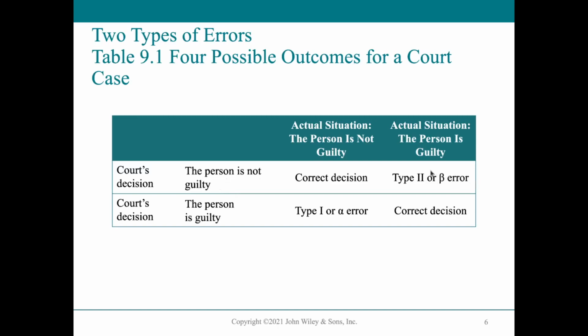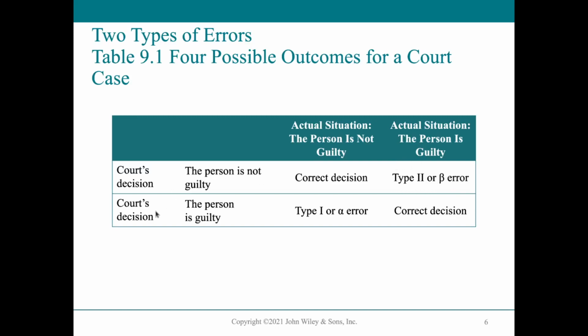However, in reality, the person is actually guilty. You just haven't found enough evidence. That is a type 2 error, or a beta error, which is a false negative. You assume that there is no significant difference, but in reality, he is guilty. So it's a false negative.